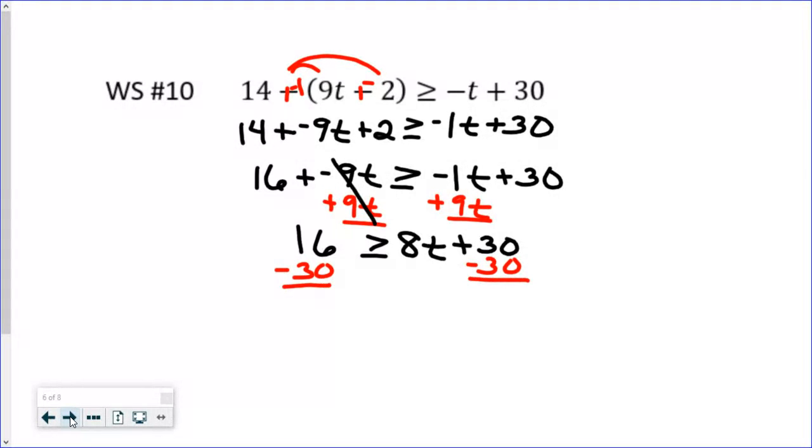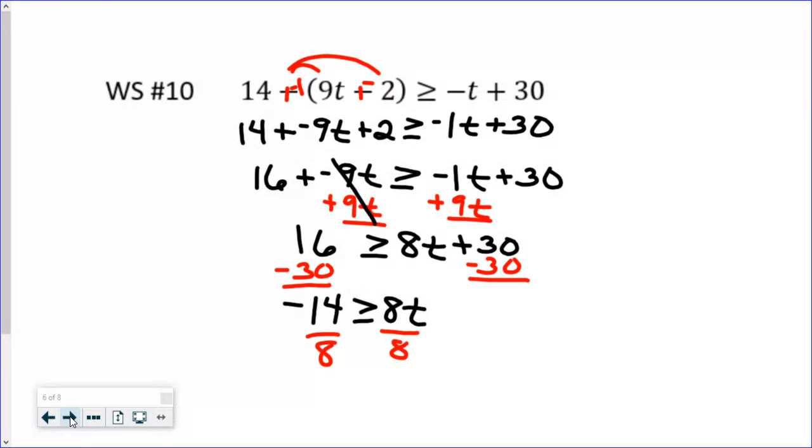Okay, and when I do 16 minus 30, I get -14 is greater than or equal to 8t. Okay, I'm dividing by 8, and I'm dividing by a +8.